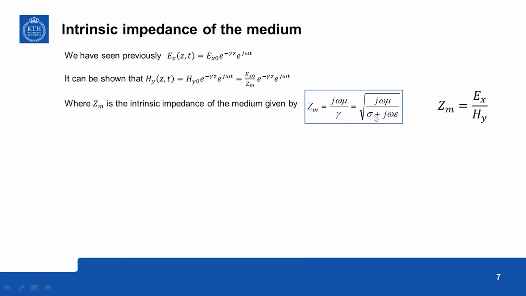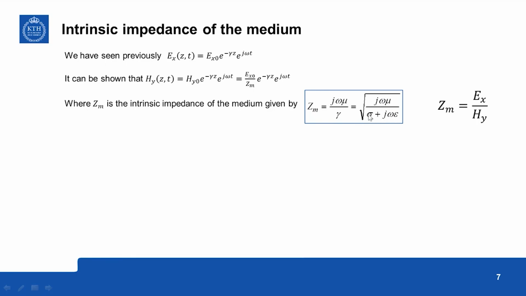That is equal to the square root of j omega mu divided by (sigma plus j omega epsilon). So the impedance of the medium is given by the frequency as well as the properties of the medium.